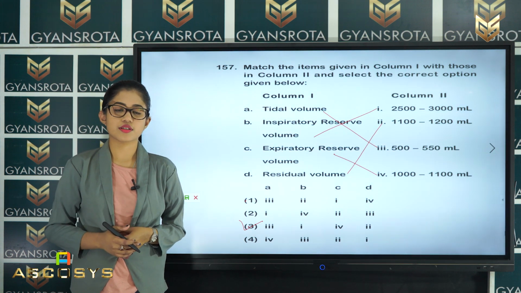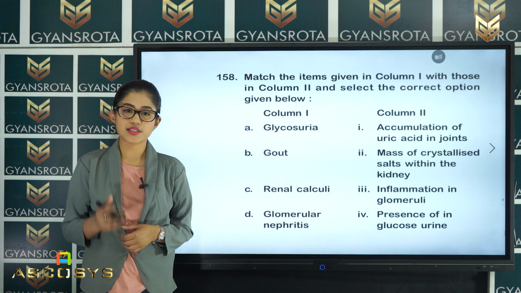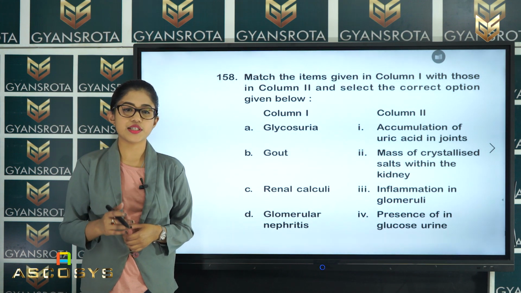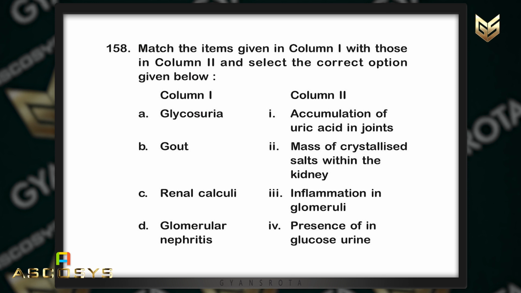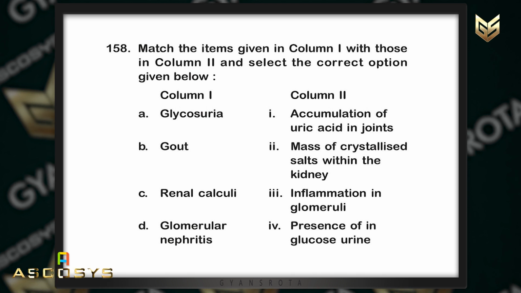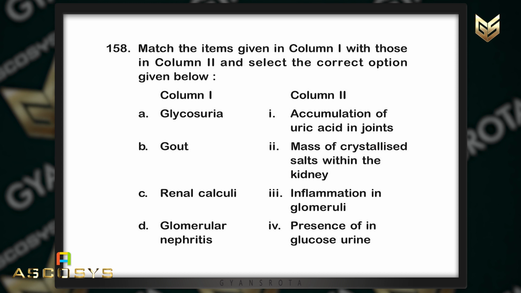Now let's see the next question. In this question, as you can see here, question number 158, you have to match the items given in column 1 with those in column 2 and select the correct option given below.